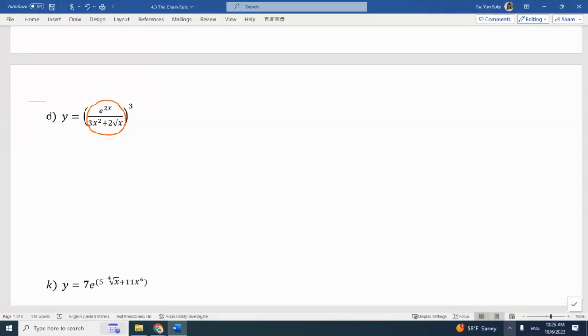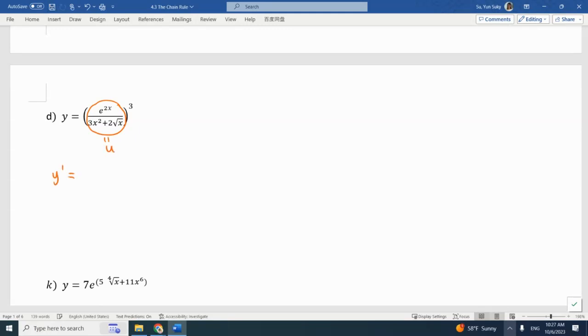So you just toss the 3 out of the parentheses and then do the whole thing. Because this whole thing is your u, when you do the u prime, you use quotient rule. Very good. So we let this be u.